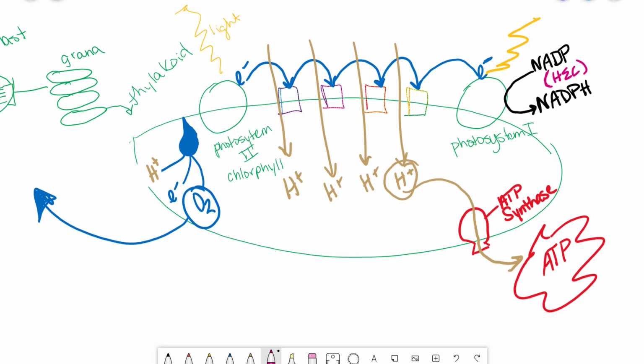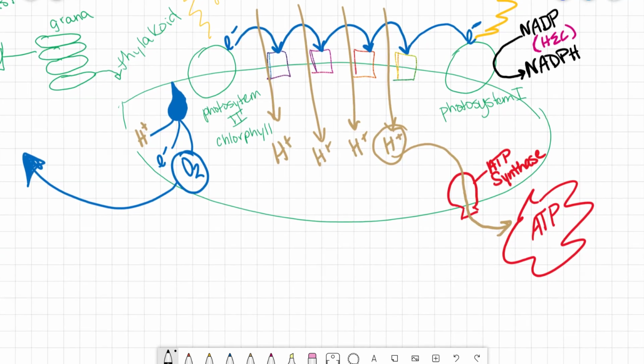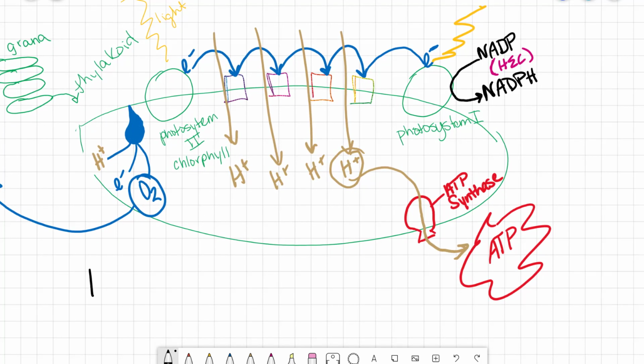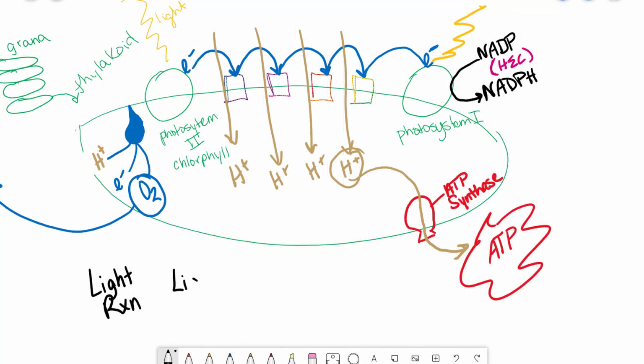Now, this is all very familiar because it is very similar to the electron transport chain. So this is known as the light reaction. So the light reactions of photosynthesis: we started off with light, obviously from the sun, and some water.